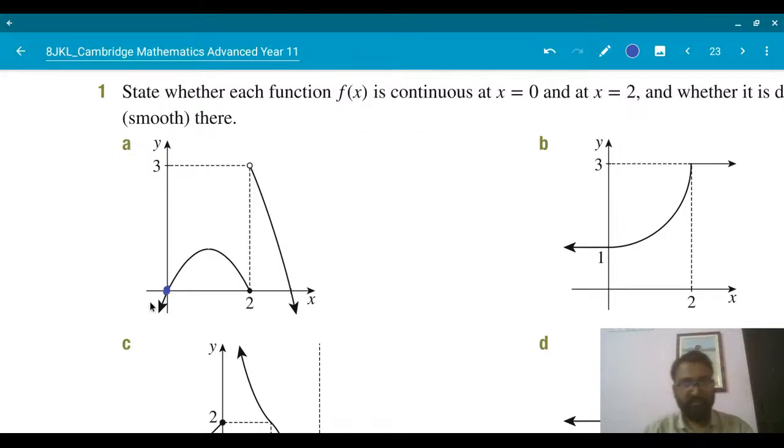Is it continuous? Because there is no break. At x equals 2, is it continuous? But if it is continuous, we have to think.